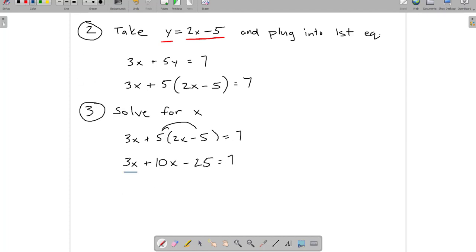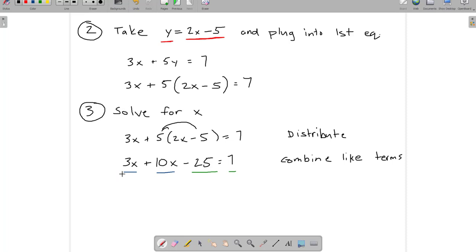We will combine our like terms. Maybe I should annotate while I'm doing this too. Distribute. Combine like terms. We haven't really done this in a while.